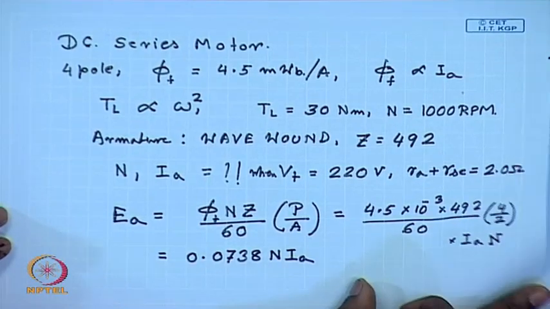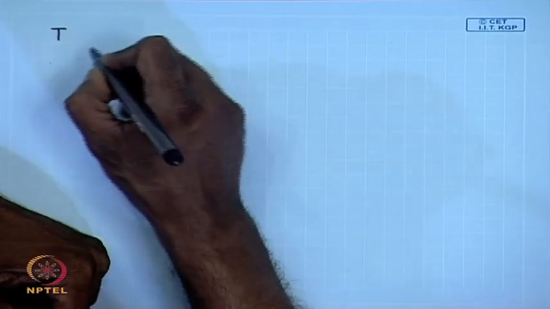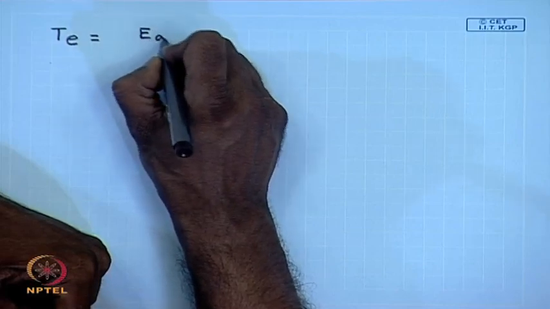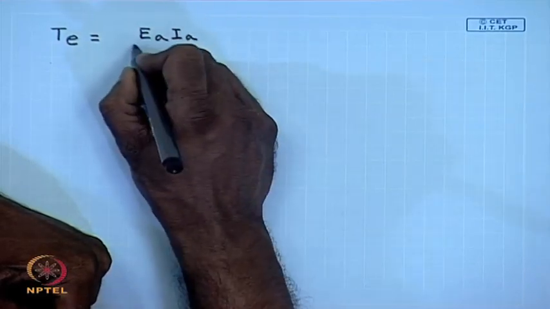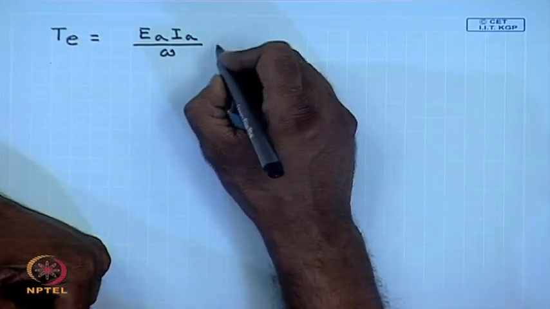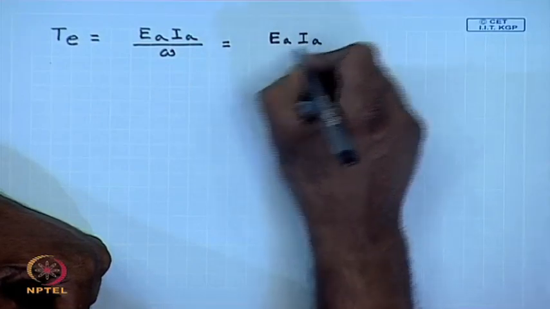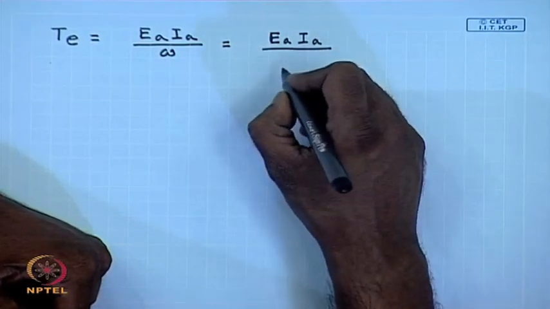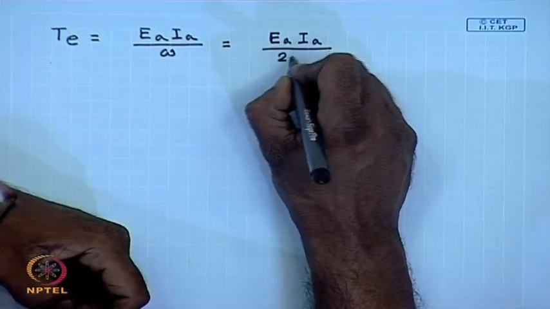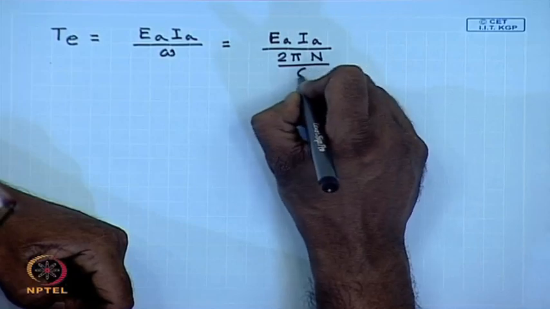And what about torque? Torque we know is EA IA by omega, equal to EA IA by 2 pi n by 60.